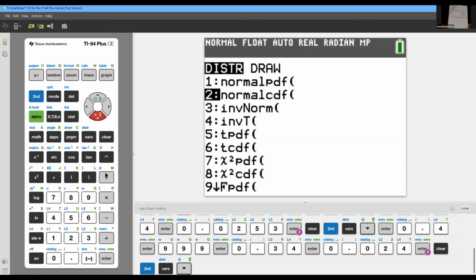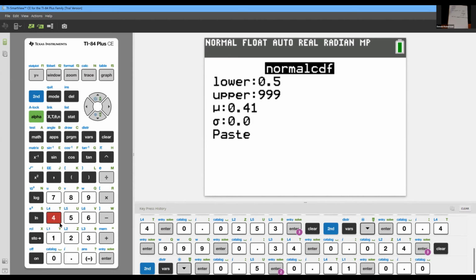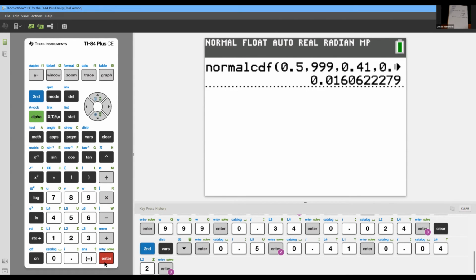It's number 2. And the number we're looking at is 0.5 or bigger. And this fella here, the population number, is 0.41. And the standard error is 0.042. And the answer is 0.016.